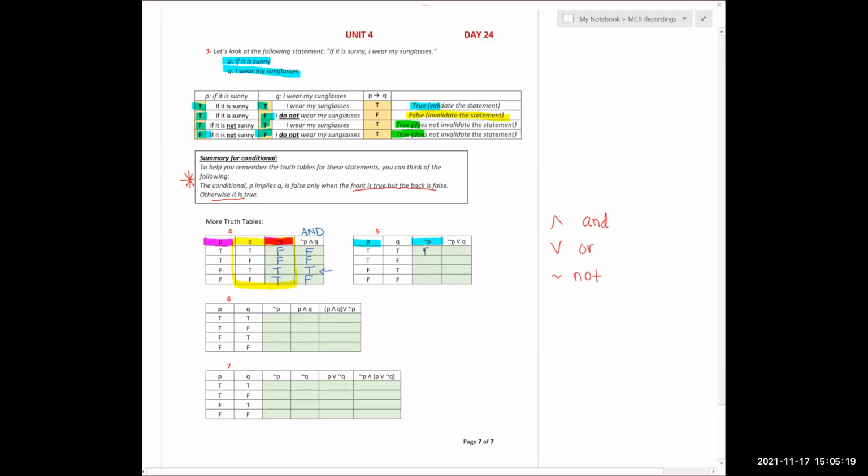So it'll be false, false, true, true. And then this one now says or. So for or, you only need one true to be true. So this one is doing these two columns. Okay, so that's true. That's false. That's true. That's true. And we're in good shape.